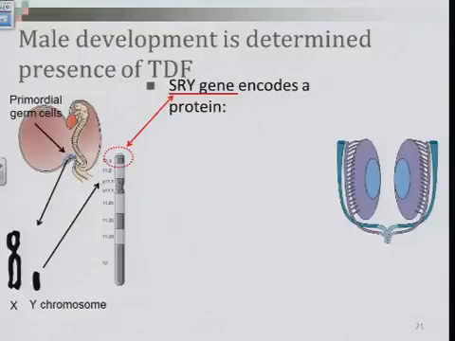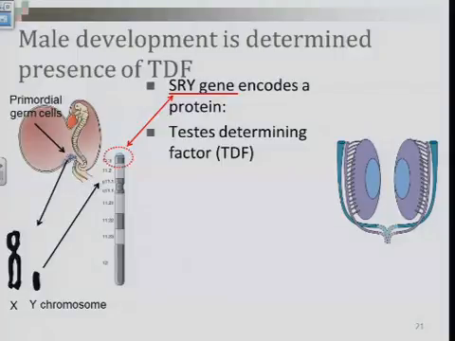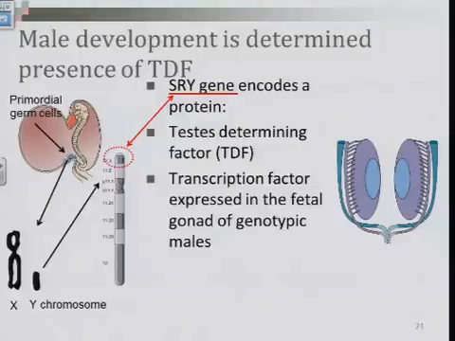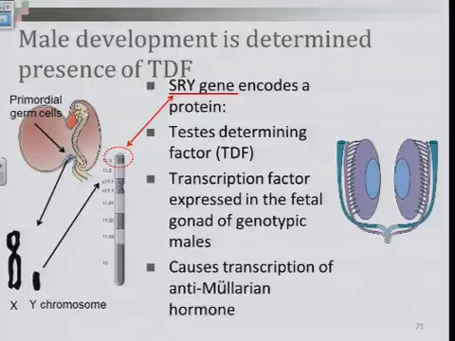And it's most of the reason a Y chromosome exists. That protein, encoded by SRY, is called testes determining factor. It's a transcription factor expressed in the fetal gonad of genotypic males, and it causes transcription of an additional hormone called anti-Mullerian hormone.